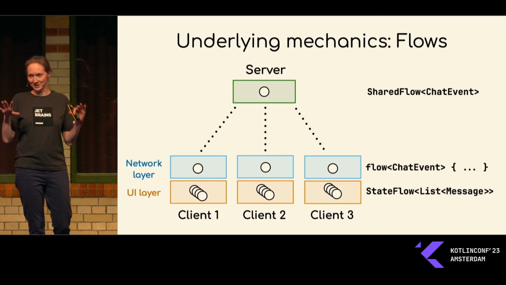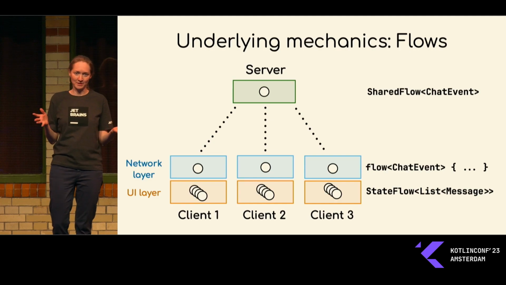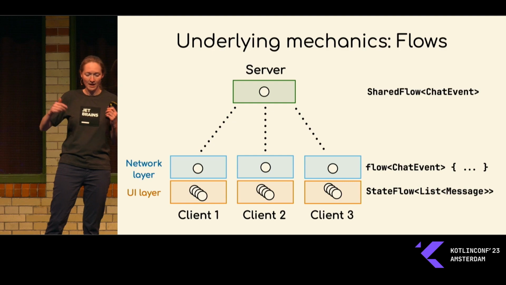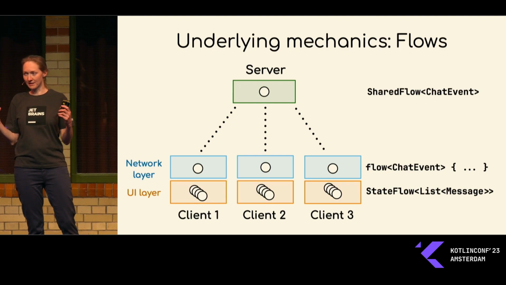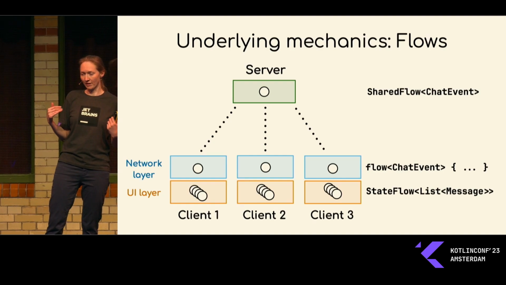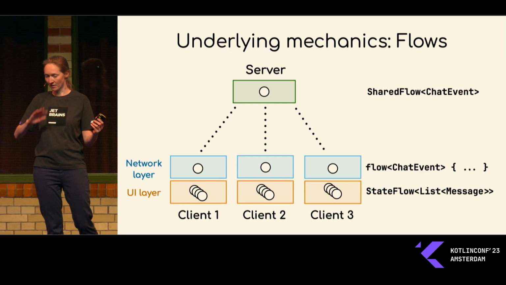We keep it simple. It's best for samples to be as simple as possible, but still cover the use cases. On the client, on the network layer, we use the basic flow builder function, which is called flow, and we also use state flow on the UI layer. And now we're going to discuss all these use cases in detail.